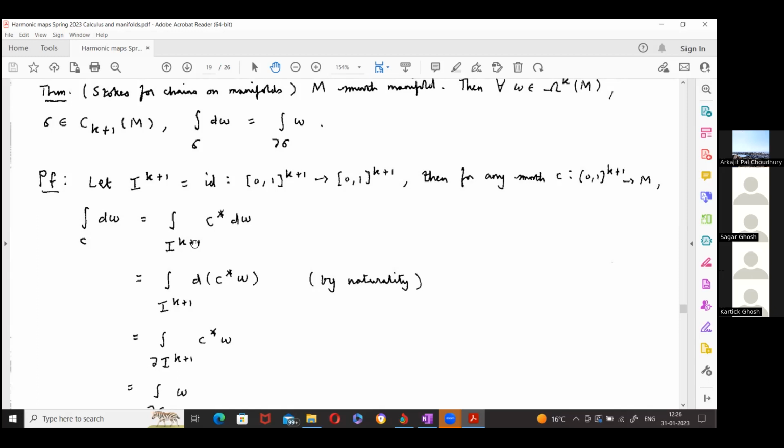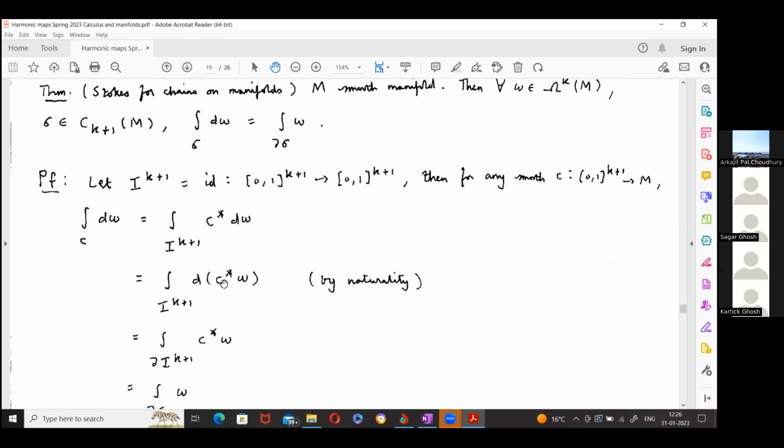And then by naturality, c star d omega is the same as d of c star omega. And now c star omega is a k-form in R^{k+1}.